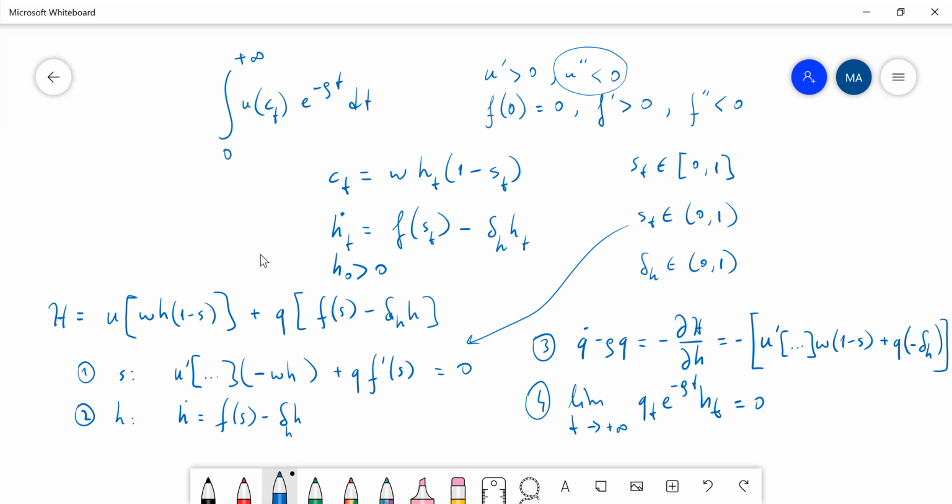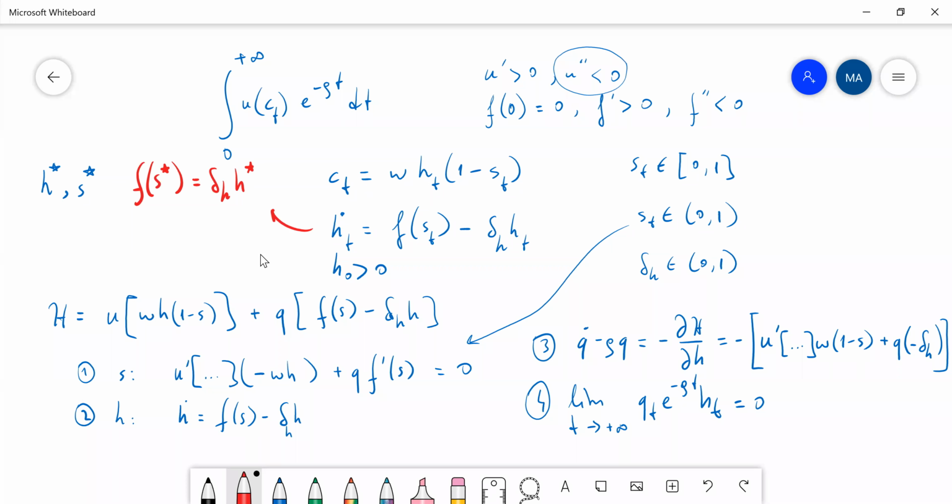I may imagine a steady state. All right, let's think about whether we can find a steady state here. Now, in such a steady state, what will happen? First of all, let me use a different color. First of all, F(s*) will be equal to delta_H h*, right?